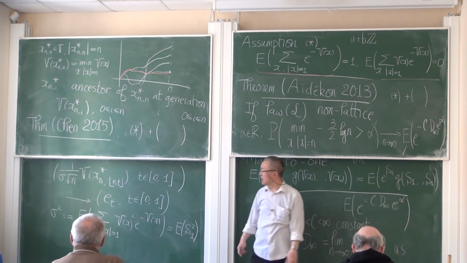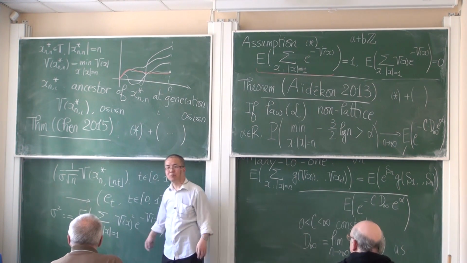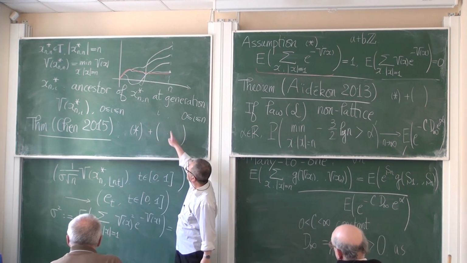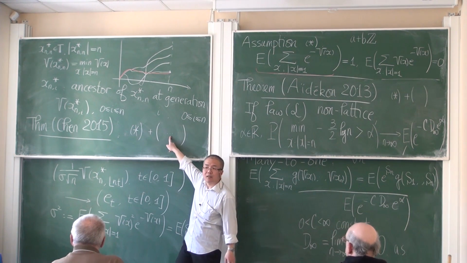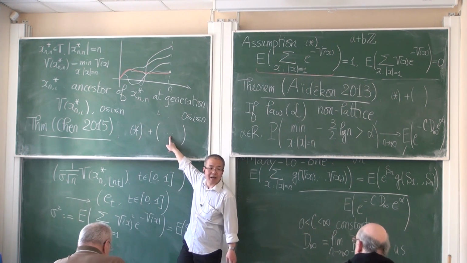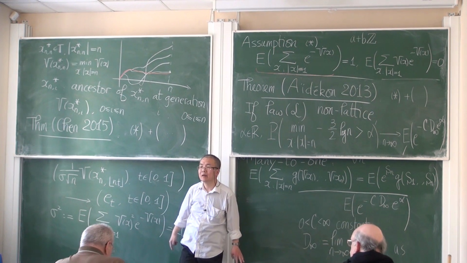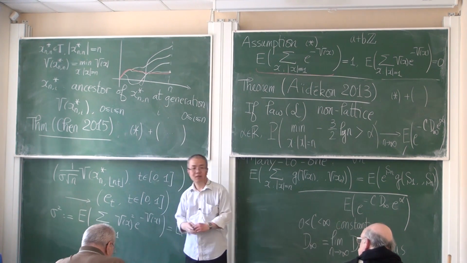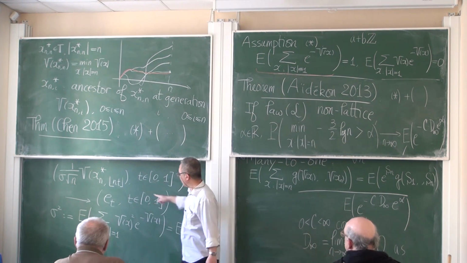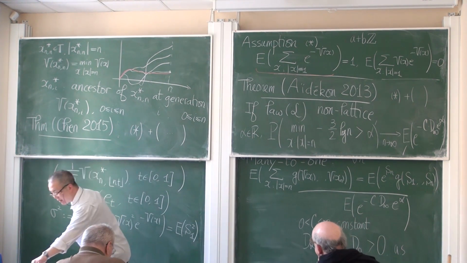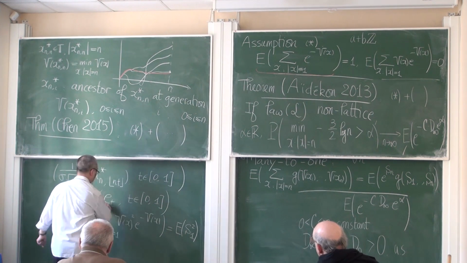So it's not a surprise that the variance plays some role, right? So it's this integrability condition, which I don't write, that ensures that this random walk S_n does have a finite variance. Okay, and so I need to say what E is.